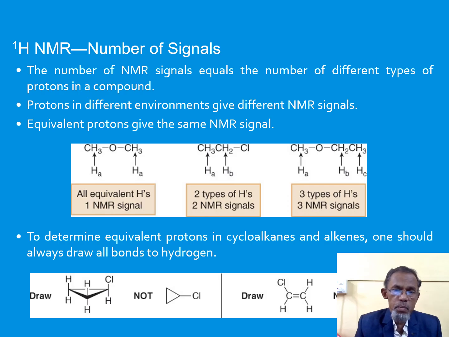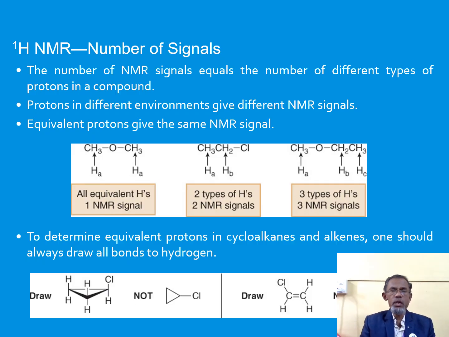Unless we see the NMR spectrum, it is difficult to sense this, but the concept is clear: the number of signals in a particular NMR spectrum depends upon the type of proton and its environment. Then equivalent protons give the same signal.